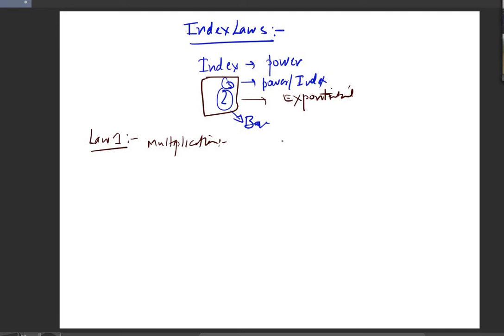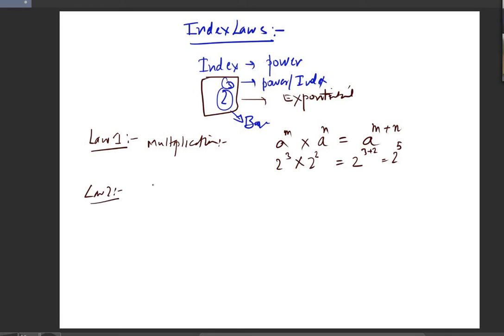It tells us that if there are two indices, two exponentials with the same base, multiplying with each other, so here the base is A, index is n, we add the indices. So 2 raised to the power 3 times 2 raised to the power 2 is not 2 raised to the power 6. It is 2 raised to the power of 3 plus 2, which is 2 raised to the power of 5. That is the first law.